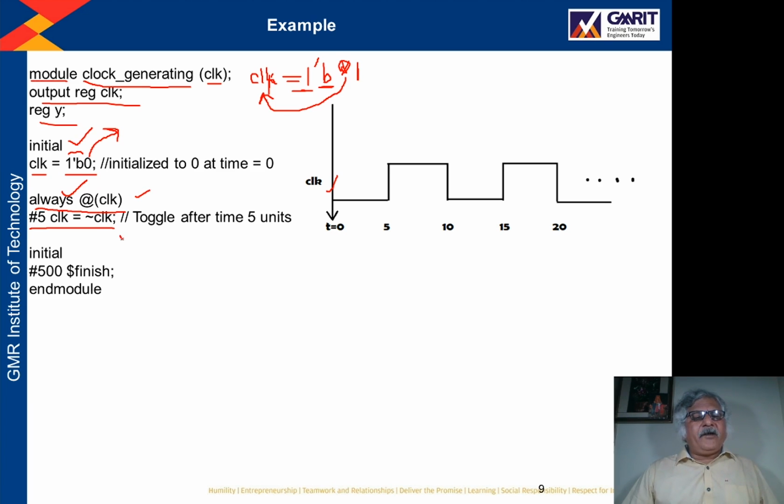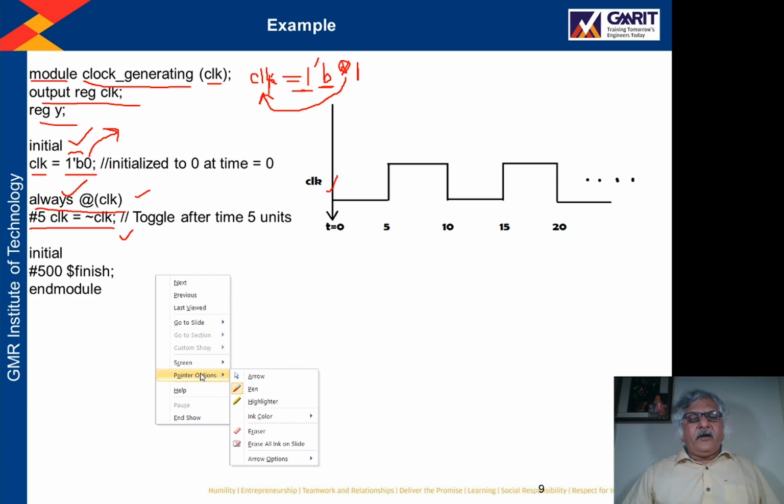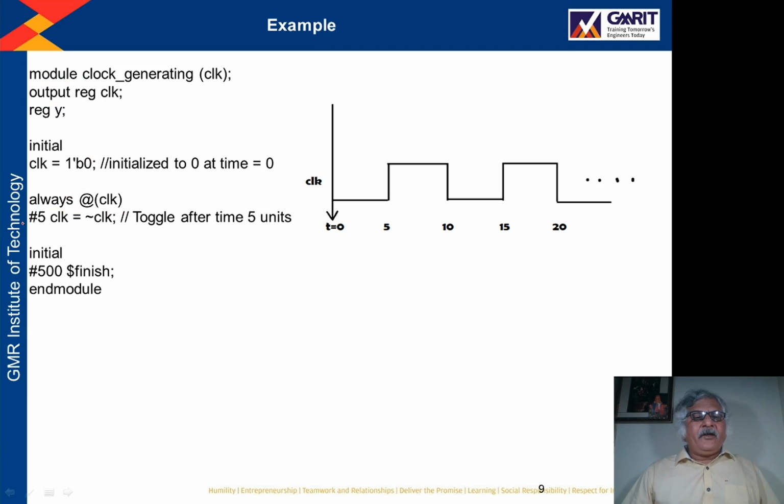The statement inside this block is #5 CLK = ~CLK. The meaning is: after 5 unit time from the start of the always block, assign the negation of clock.